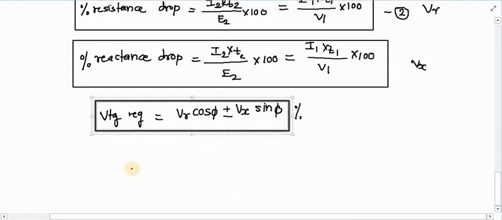So here VR is the percentage resistive drop and Vx is the percentage reactance drop. The percentage resistance and reactance drop on full load are usually referred to as the percentage resistance and leakage reactance of the transformer, normally in case of all types of transformers. So in this way we got the mathematical expression for the voltage regulation of the transformer.